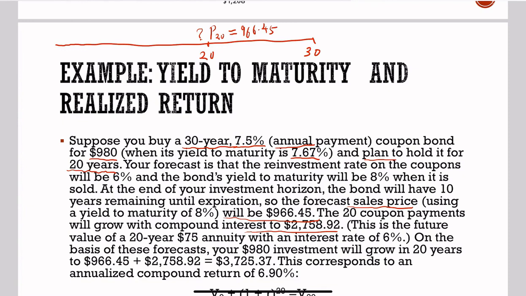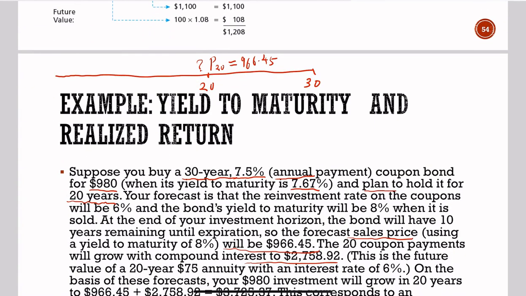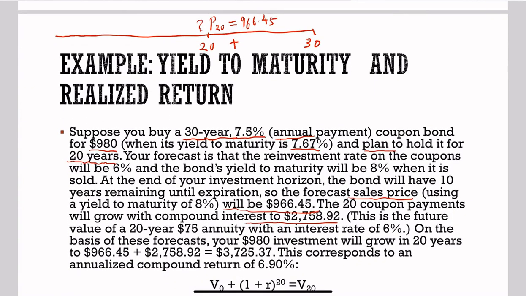And you will also think about your reinvestment returns, right? So you will also have the coupon payments reinvested at 6%. So this one is $2,758.92. This is the total payment you will get after 20 years, right?